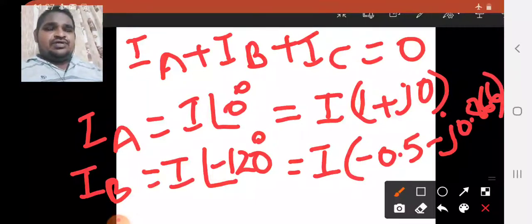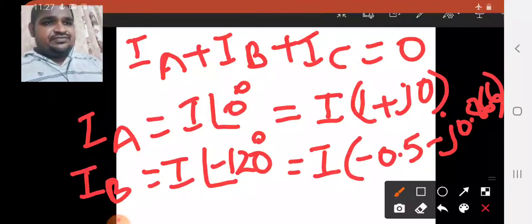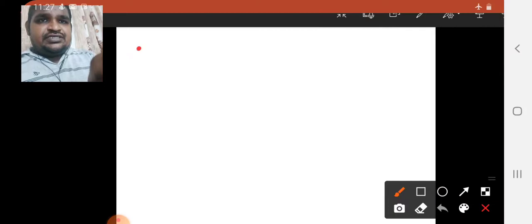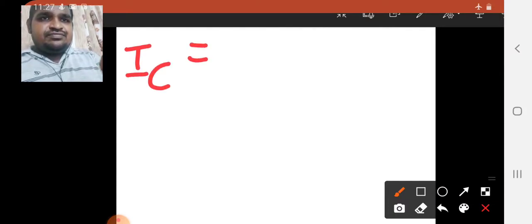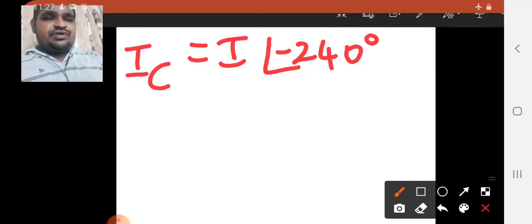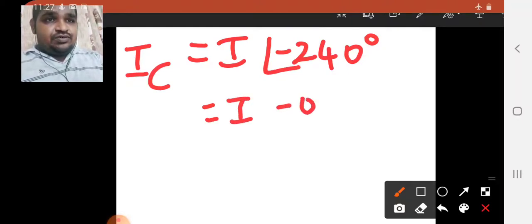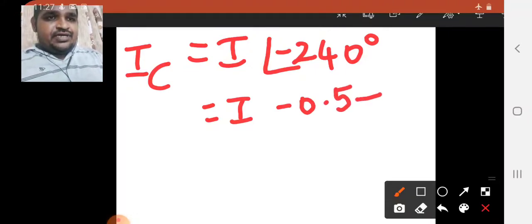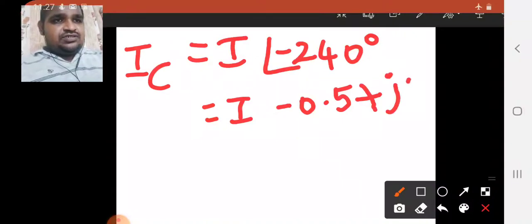And similarly, how do you write the expression for IC? IC is equal to I at an angle of minus 240 or plus 120. This is I (cos minus 240, which is minus 0.5, minus j sin 240), that is minus into minus, plus j 0.866.